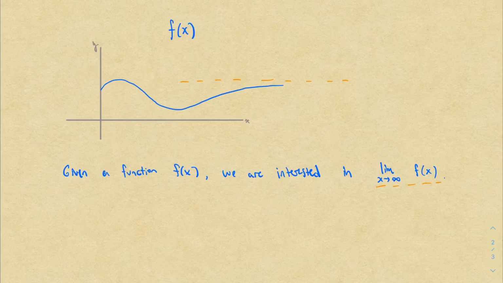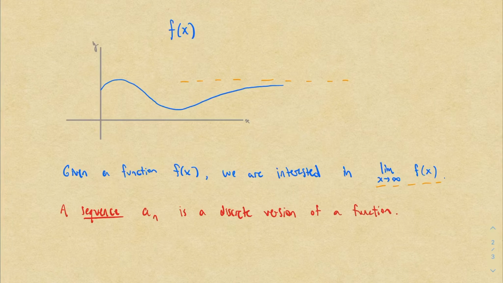But rather than study the growth of functions, I want to consider a discrete version of a function. This is what a sequence is. On my picture, a sequence is just going to look like a bunch of dots.